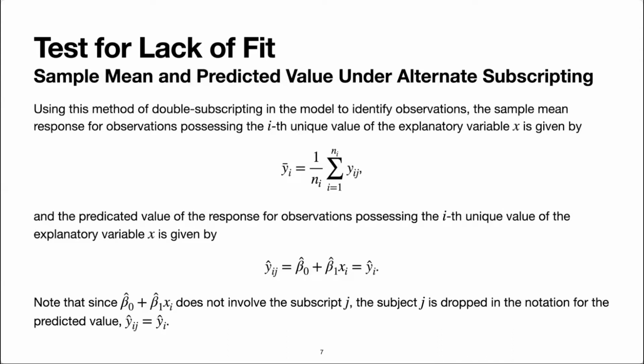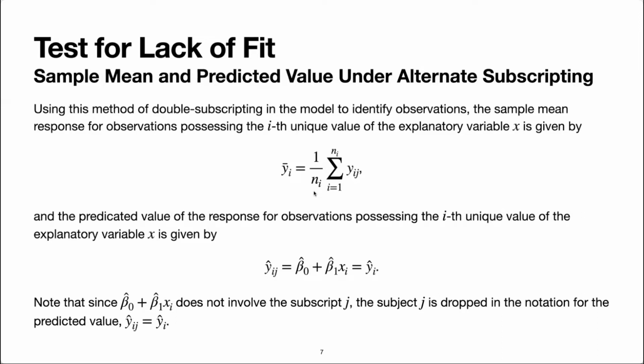Now, let's look at how we would denote the sample mean and the predicted value of the response under this alternate subscripting. Using this method of double subscripting in the model to identify observations, the sample mean of the y values for observations possessing the ith unique value of the explanatory variable x would be given by y bar sub i.